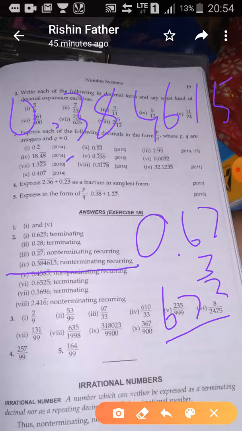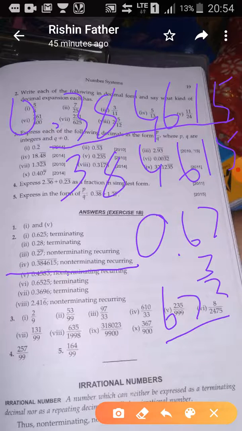After that it starts recurring with 384615. So it is difficult to understand these kinds of sums in the exam, because you go maximum till 6 places. Suppose you divide it and you get till 615, and then you see that it is not recurring. But it actually starts recurring after that, so it is very difficult.